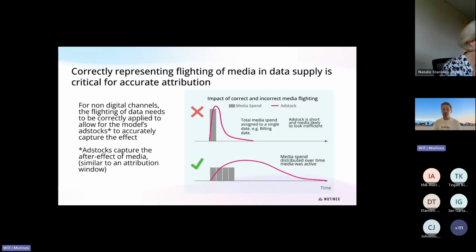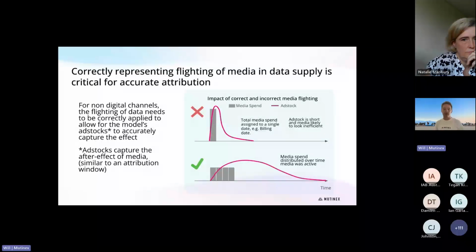The bottom chart is actually showing that that one spend should have been distributed across 4 weeks rather than just 1 week. And then the model's able to build a much more accurate ad stock for that activity because it sees the duration of that activity and it can see the full ad stock duration. You would then see a much better performance for that channel.